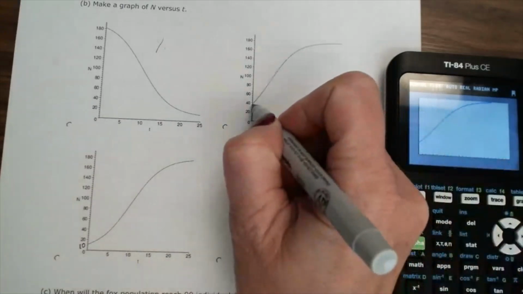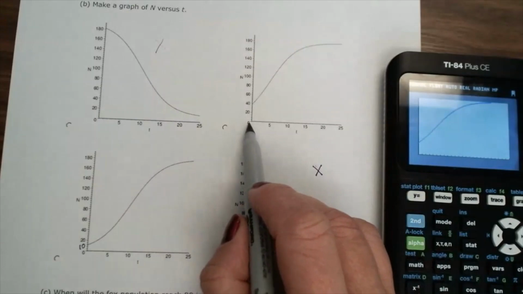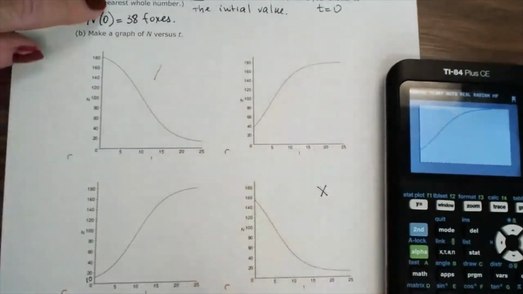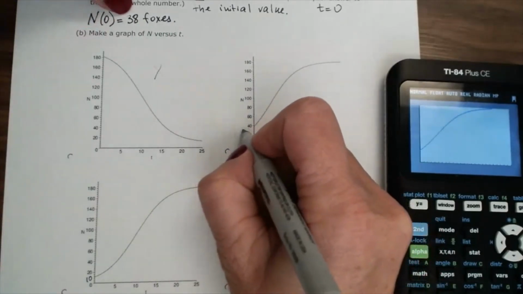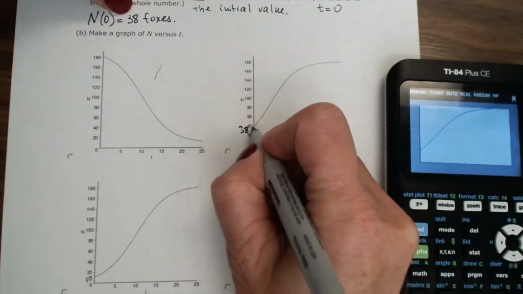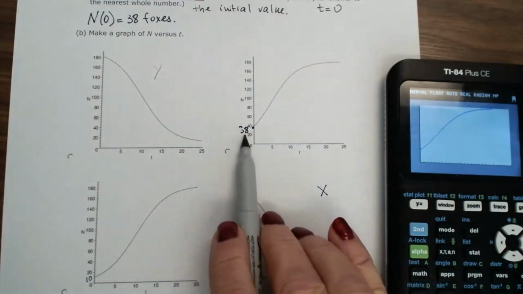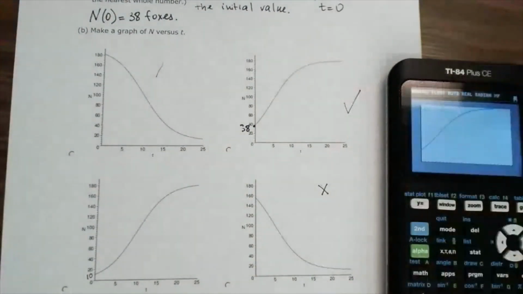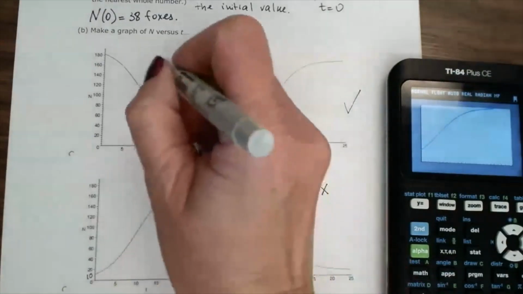And here is a little bit less than 40. But we know when x is equal to 0, right here, we have 38 foxes. So this graph is correct. This point is under 40, that is 38. So this graph is correct and this graph is wrong.